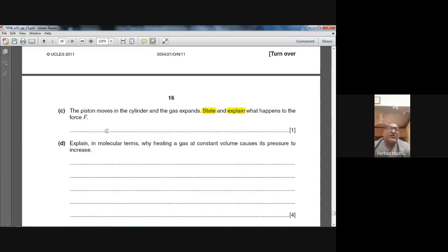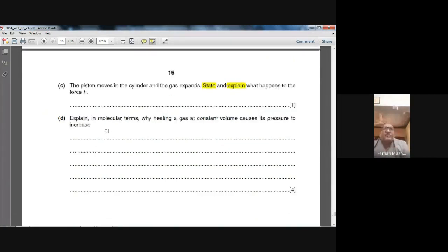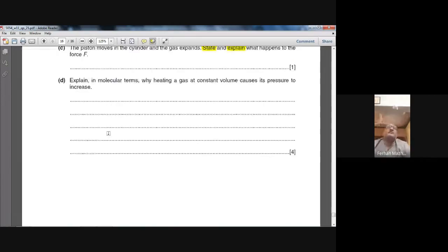Then we have the question number 11, D part. Explain in molecular terms why heating a gas at constant volume causes its pressure to increase. Very famous and straightforward question, but it is a 4 marks question.